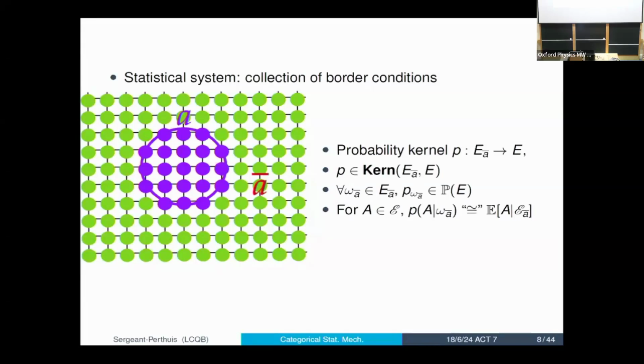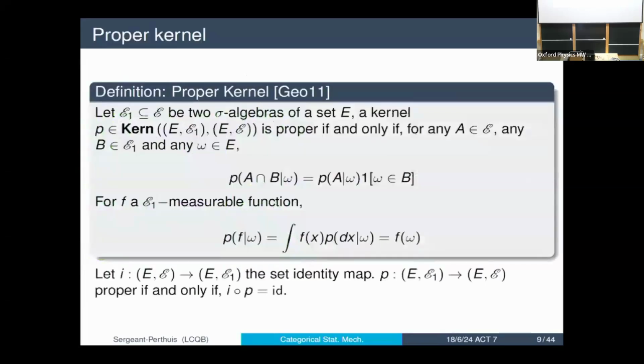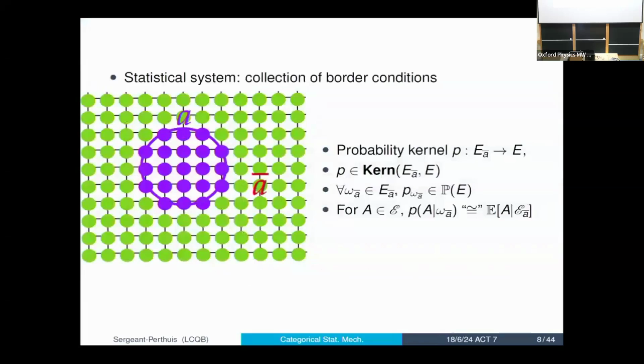So you need a probability kernel, and the probability kernel plays the role of a conditional expectation. But you have something more that you ask from this kernel, that it has to be proper, which is basically saying that, like I said, I was forcing what was happening around, what was happening in A bar. If I put an observable on A bar and a condition, it should not change what I'm observing on A bar. So if I do a measure on A bar, and then I look at the conditional expectation I get from it, it should not change.